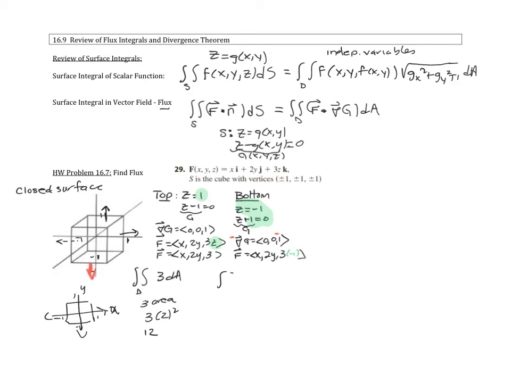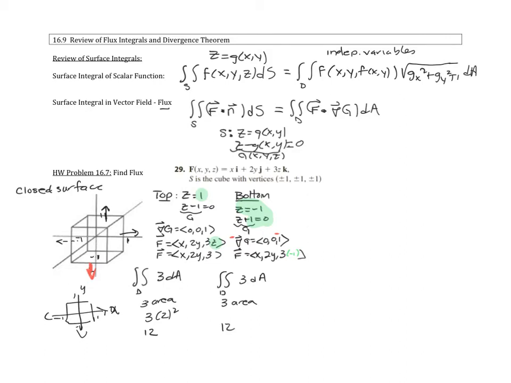And so when we take the dot product this time of f dotted with the opposite of the gradient, we're going to get 3 again. The projection in the xy plane is the same region, and so this is again going to be 3 times the area, which is going to give me a 12.